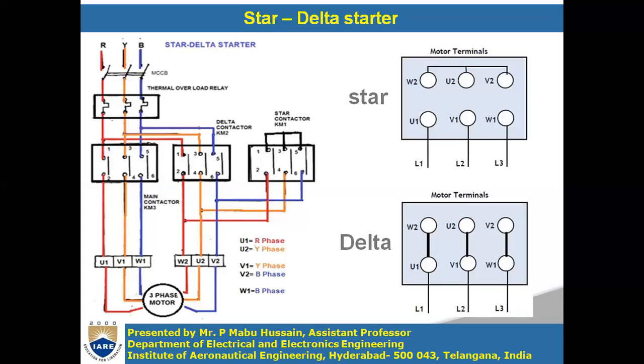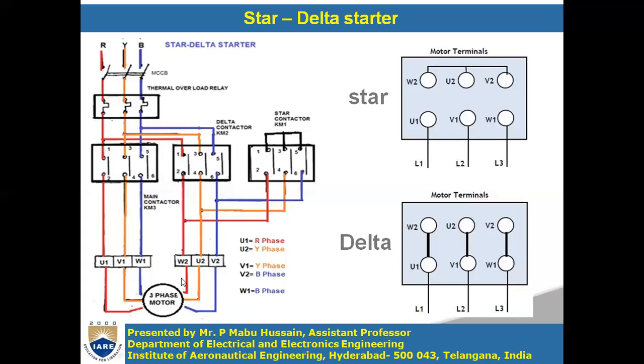Once the motor picks up the speed, which is 70% of its rated speed, then you have to close the delta contactor by opening the star contactor. Then your motor will be connected in delta and it will be continuously running in delta connection only.